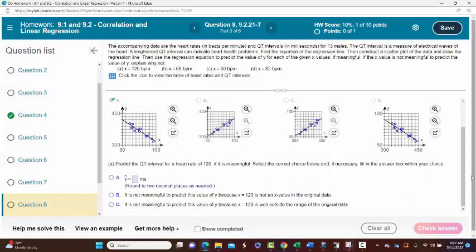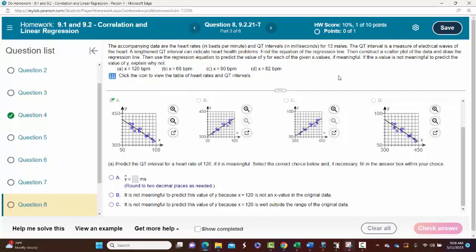Now there's a little trick I'll show you. I think we have to predict a few of these in a row here. So yeah, you see A, B, C, D. Not that it takes that long. You're just plugging these in, but it does say if the value is meaningful or not.